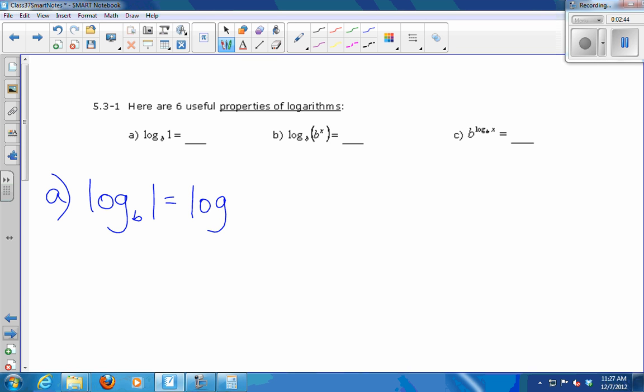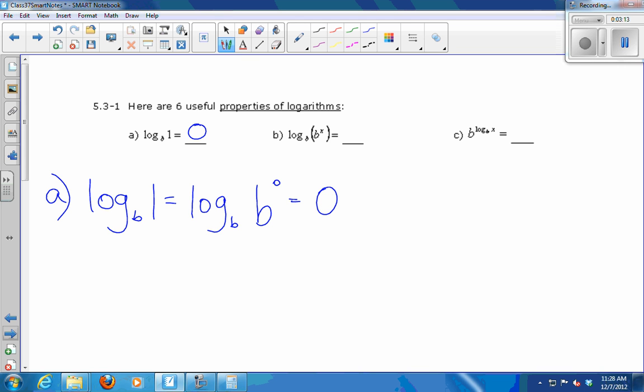Yes, so what I'm trying to do is rewrite 1 as b to the something, and no matter what b is, if you raise it to the 0, you get 1, because anything to the 0 is 1. And then when I do liftoff, I get 0. So log base b of 1 is 0. Doesn't matter what the base is. Log base 5 of 1 is 0. Log base 23 of 1 is 0. No matter what the base, if you take the log of 1, you get 0.